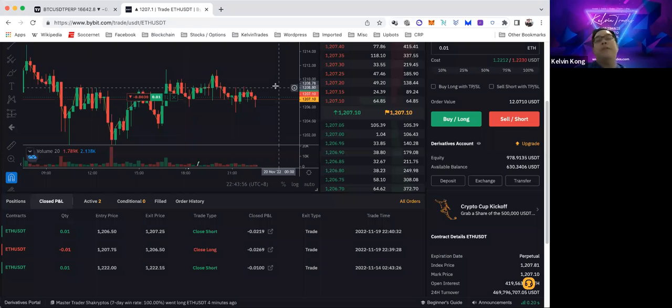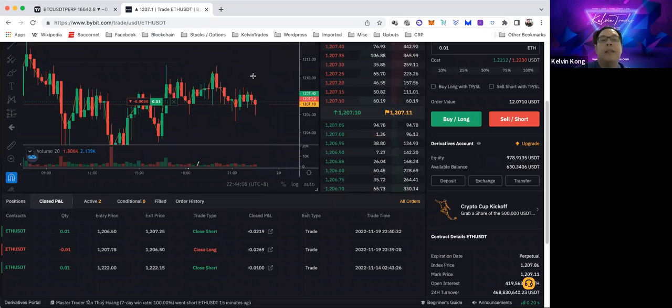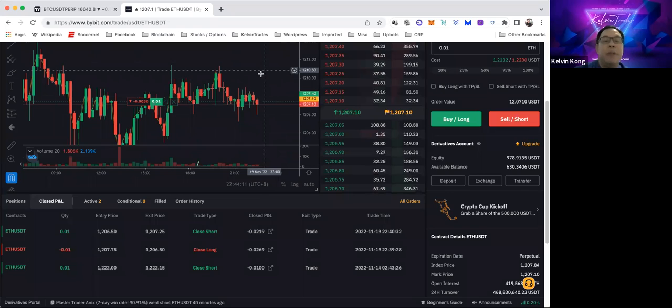Then you need to key in a new stop loss for your opposite position. Anyway, it's a cool feature. If y'all want to do scalping in the future, you can use this feature here.